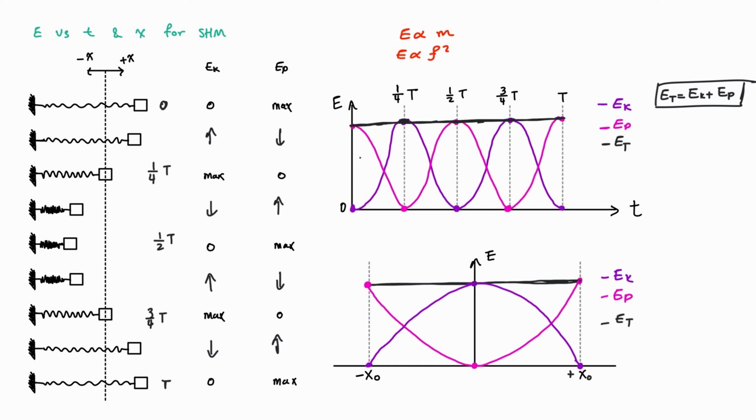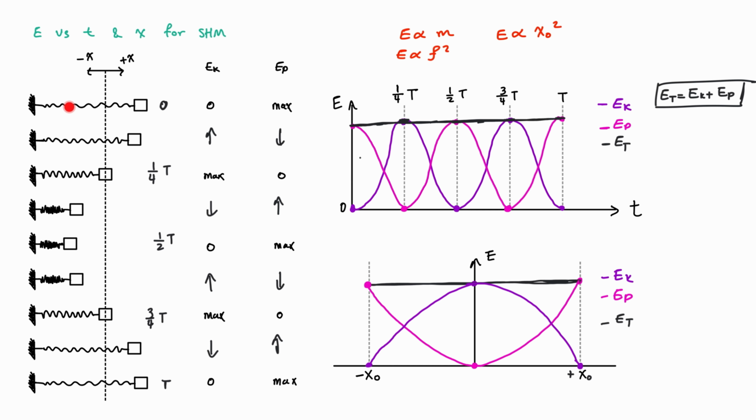Lastly, the energy in simple harmonic motion is proportional to the amplitude squared. If I have the same frequency, so I'm moving it back and forth in 1 second, and I have the same mass, but then I increase my maximum amplitude by a factor of 2, I need to put in a lot more energy to keep the same frequency.